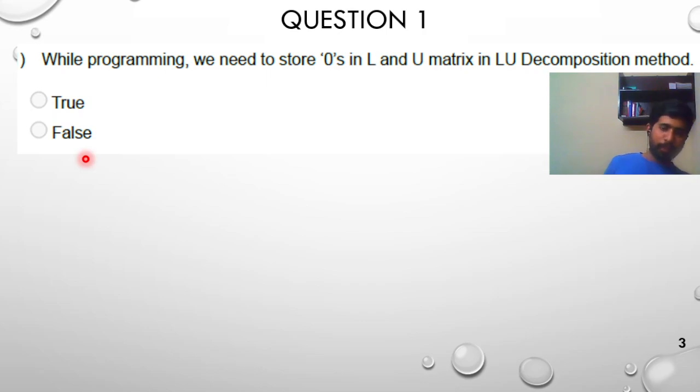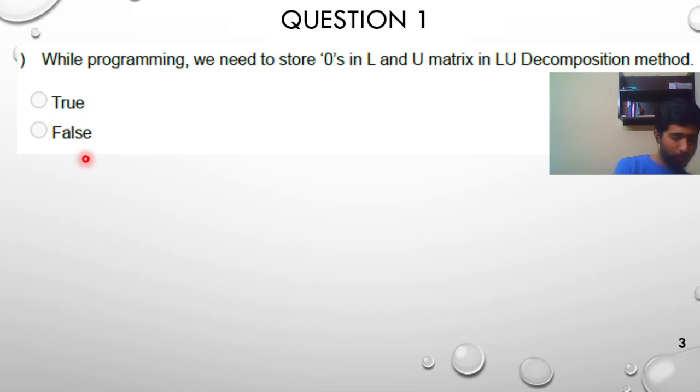Okay, the question is while programming. Okay, I thought only zeros to be stored in L. You are telling that in U we need not store zeros, only in L we have to store zeros. Is that true?